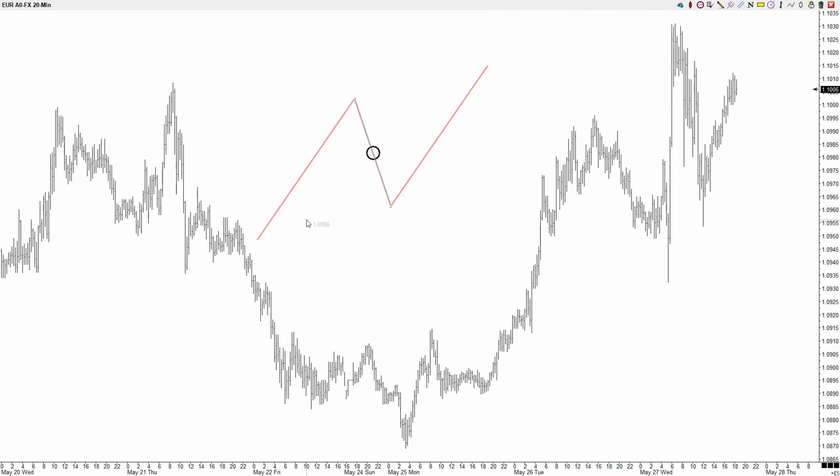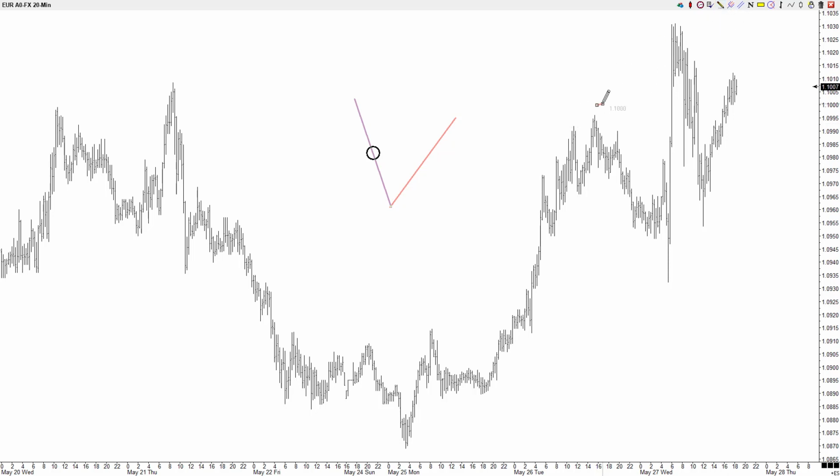Now, a reverse median line is going to say price has a high probability of reaching the median line. So a reverse median line isn't going to have any place to fix this A point. You're still going to use the center, but you're going to wait for price.